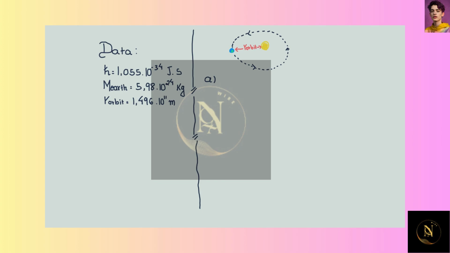The angular momentum of the Earth around the Sun, considering the Earth as a point particle, is given by L equals the mass of the Earth times the velocity times the radius of the orbit.